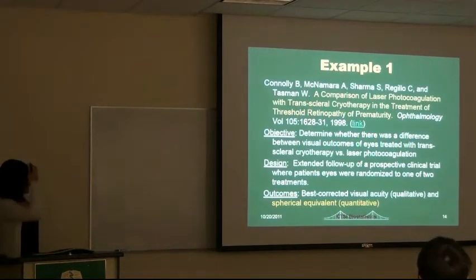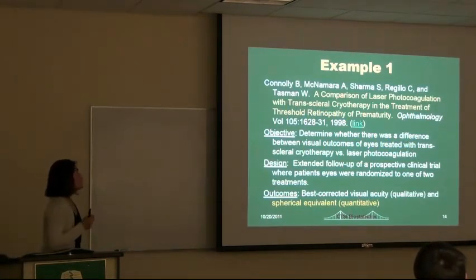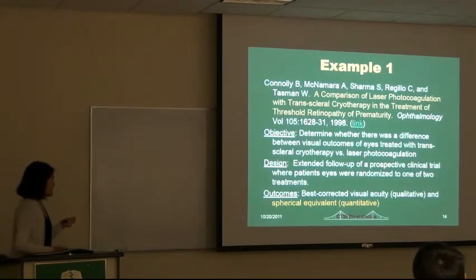So to analyze pair data, I'm going to give 3 different examples here. The first one is to look at a continuous variable that we can assume normality. So this example, I'm using a study published by Connolly et al. in 1998.